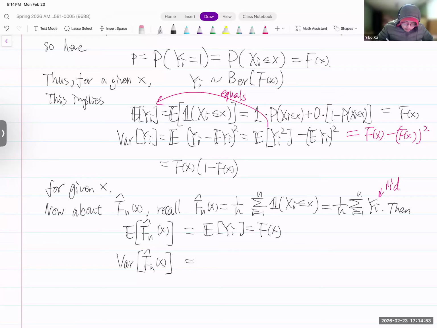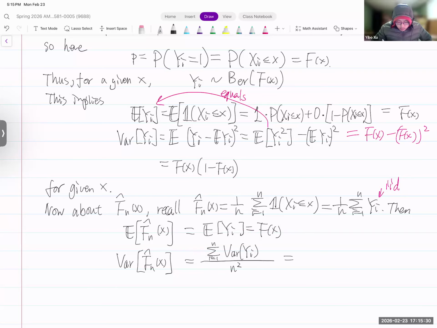Just remember, if you want to split, okay. So we have this to be the sum of y of n. So if you take out this denominator, it's going to be 1 over n squared. And now the independence will be able to distribute this variance into individual ones.